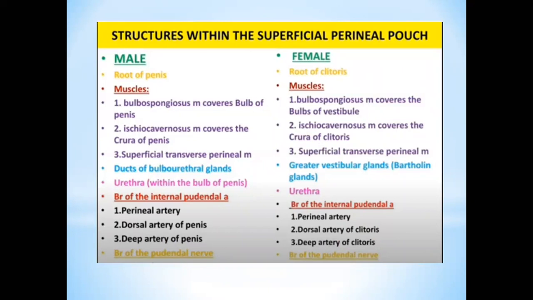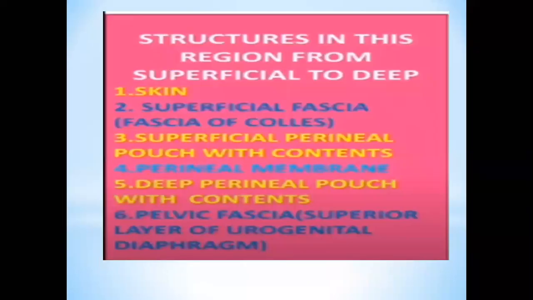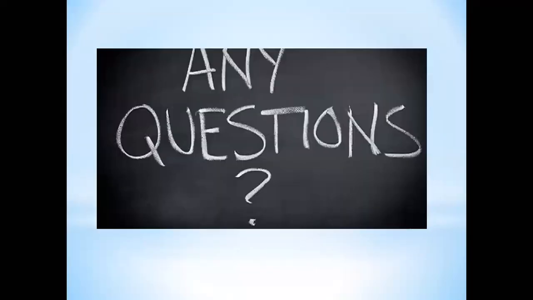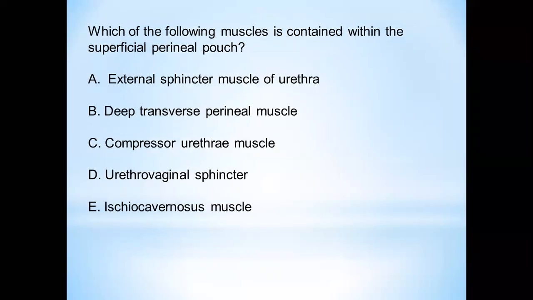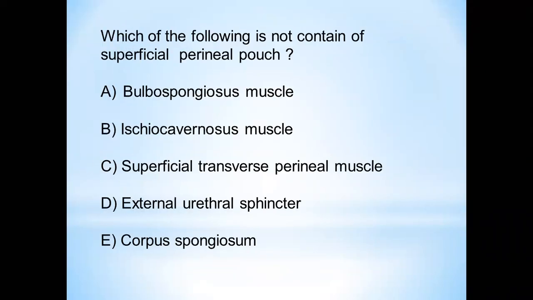External urethral sphincter is also not here. So what are you going to mark? Both. If you want to mark one of them, then corpus spongiosum. Okay. Yes, you can mark corpus spongiosum, but where's the question?